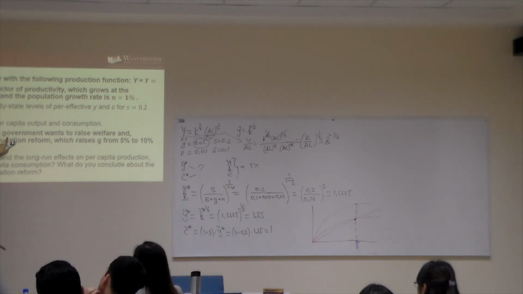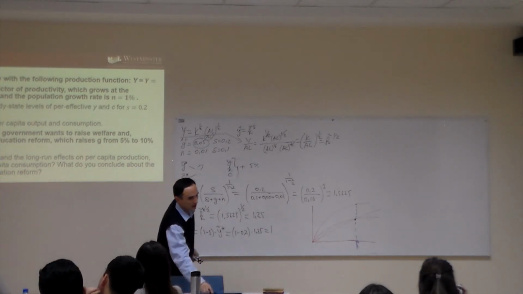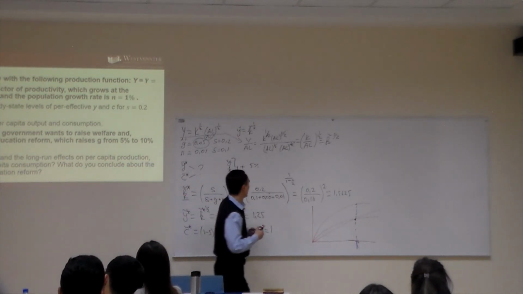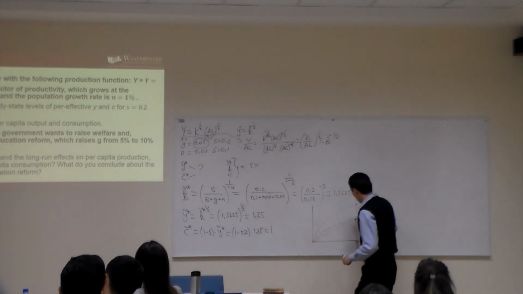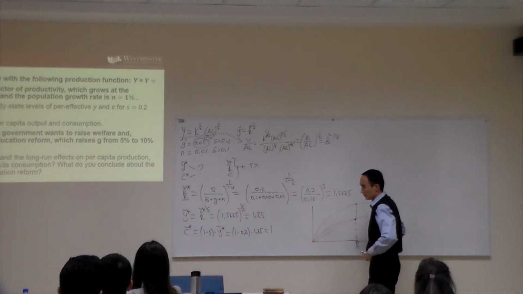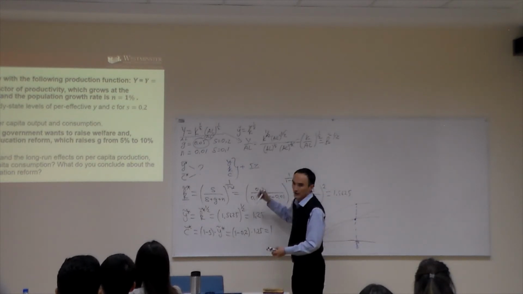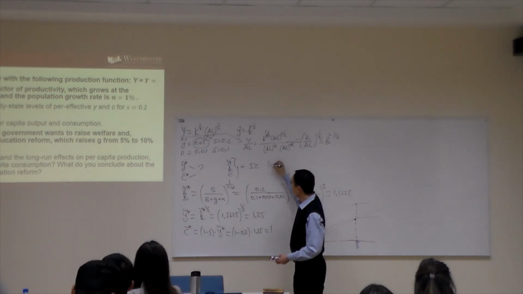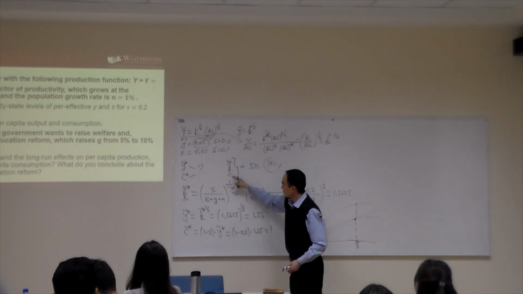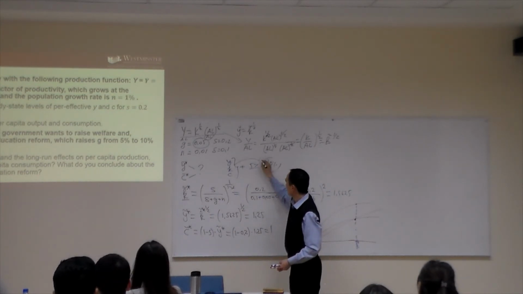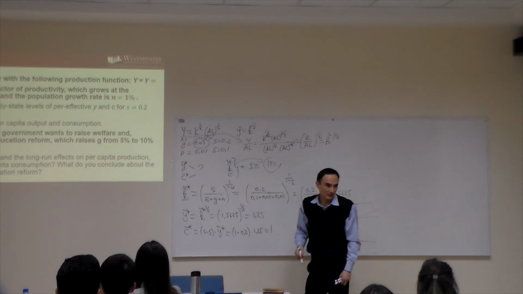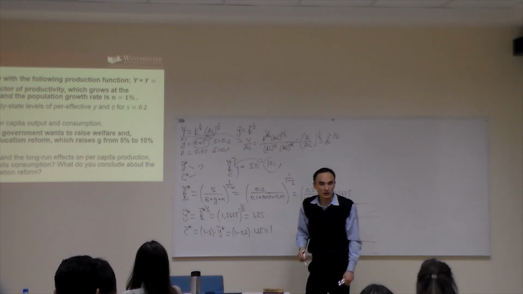As we already proved previously, if it's in steady state level, if it was growing by 5%, and the next day it's going to be 10%, they are going to grow by 10%. Same. But what about consumption itself?